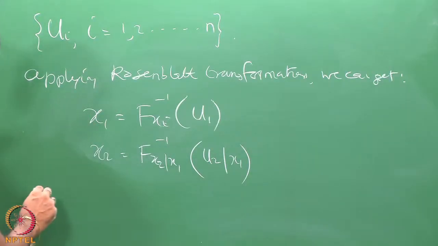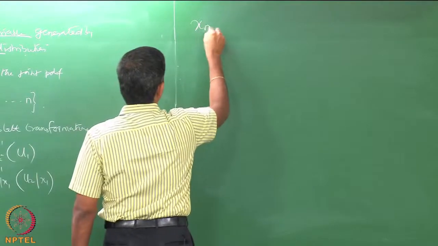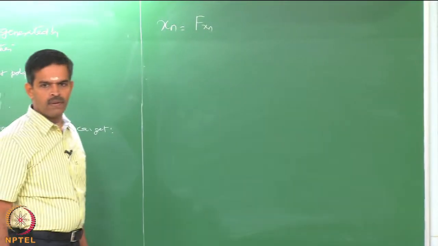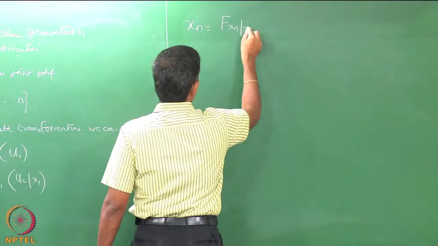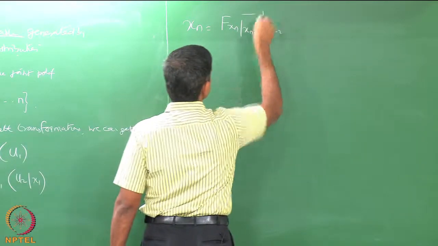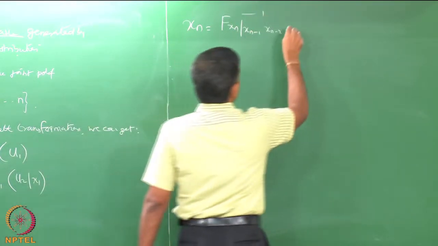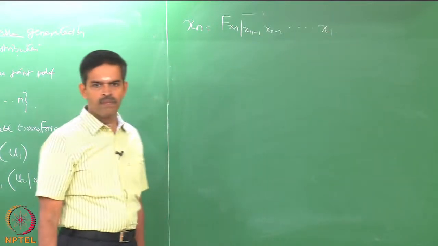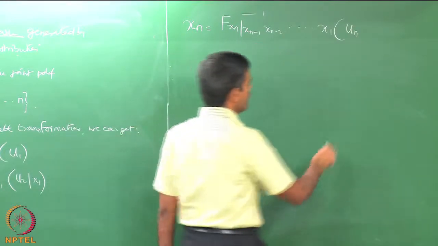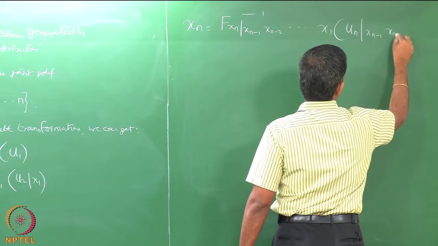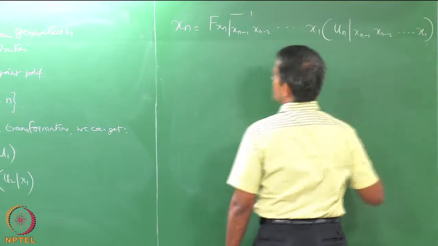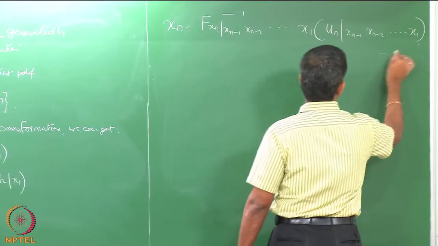So, in such a case I can write a general expression: xn is F_Xn inverse of un given xn minus 1, xn minus 2, till x1. Call this equation number 7.